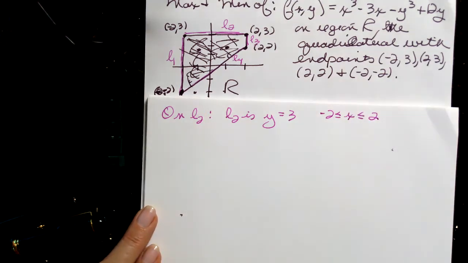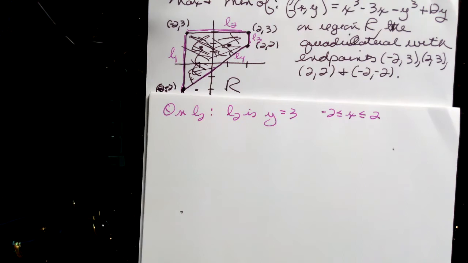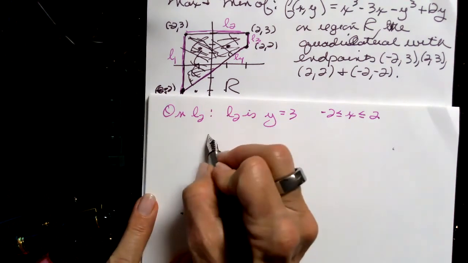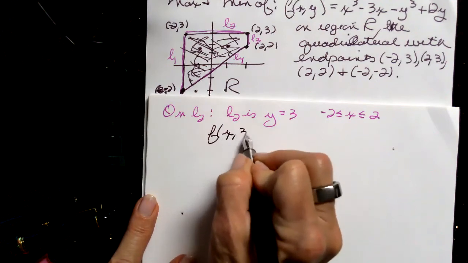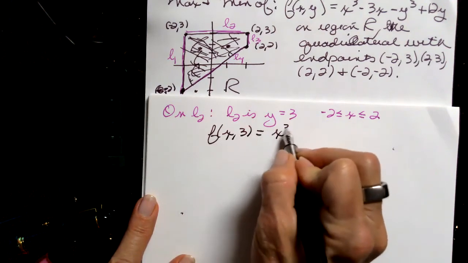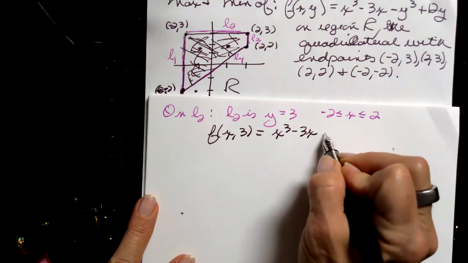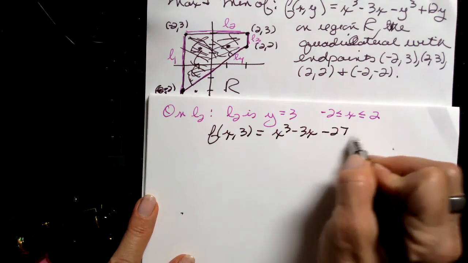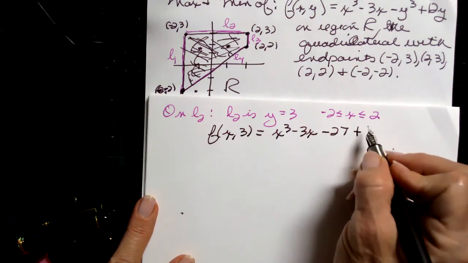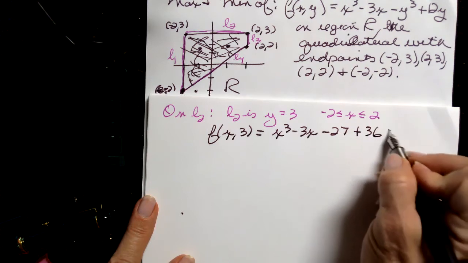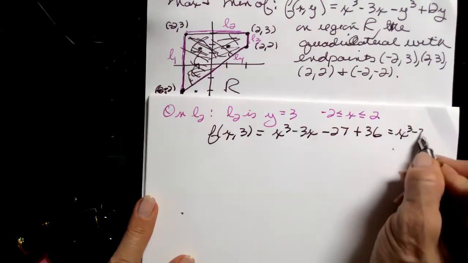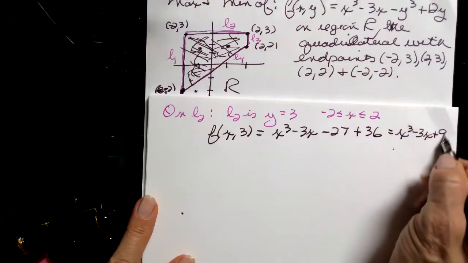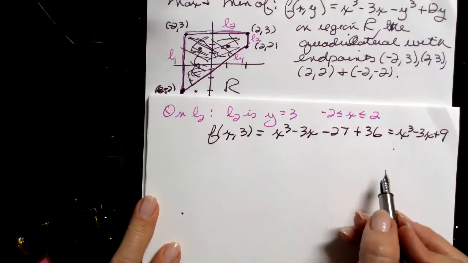So now we write out the function with y equal to 3. So f of x comma 3 is x cubed minus 3x minus 27 plus 36. So that is x cubed minus 3x plus 9, and that's a function of x only.